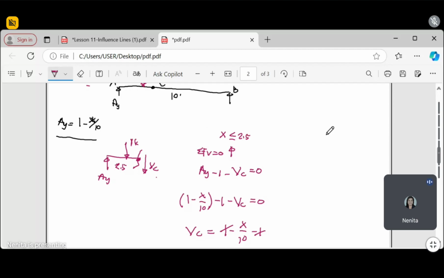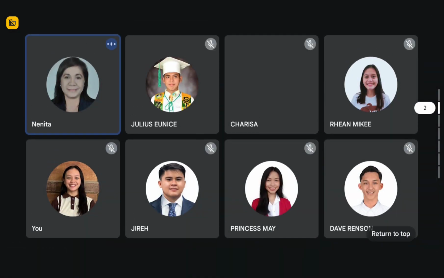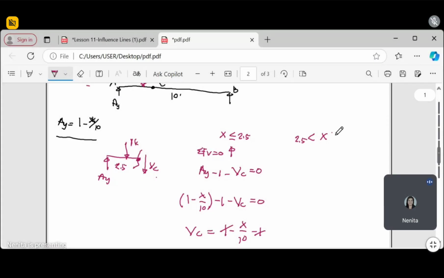How about if our x is greater than 2.5 but is lesser or equal to 10? Tama? Okay, dito naman natin if x is greater na siya, then this is 10.